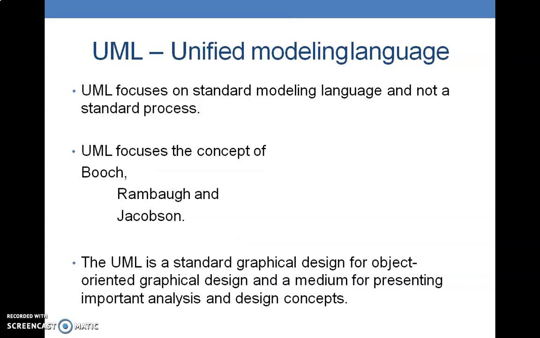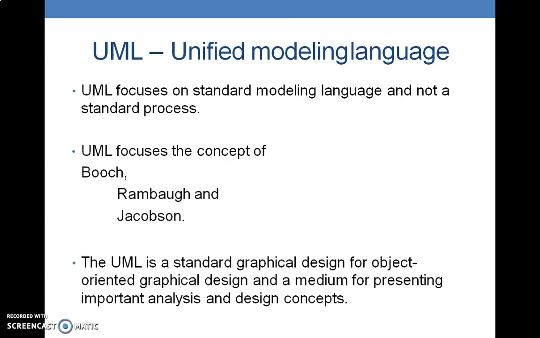Next one, UML, that is Unified Modeling Language. UML focuses on a standard modeling language and not a standard process. It is a model only, it is not a process. UML was developed by Booch, Rumbaugh, and Jacobson.